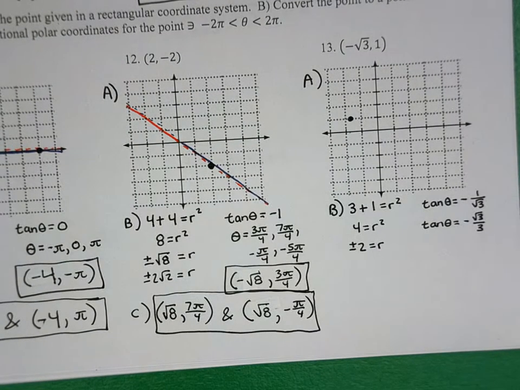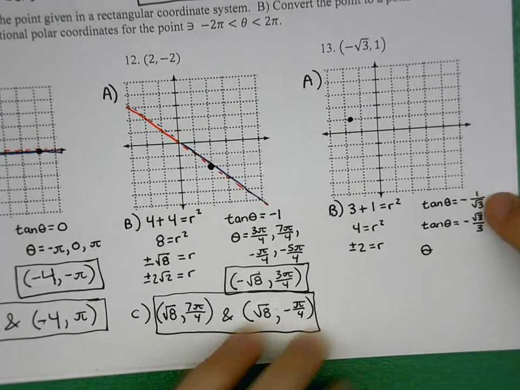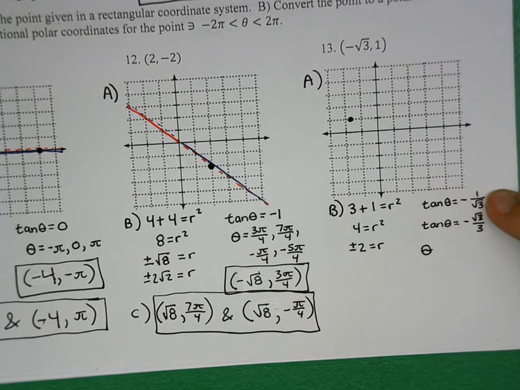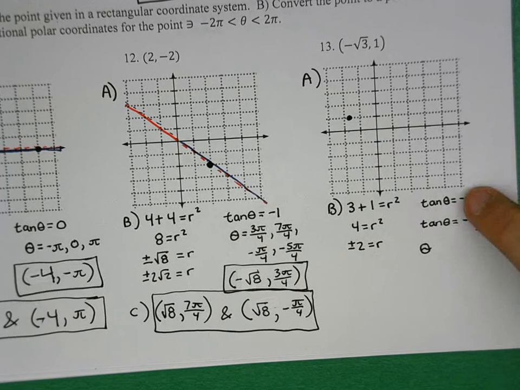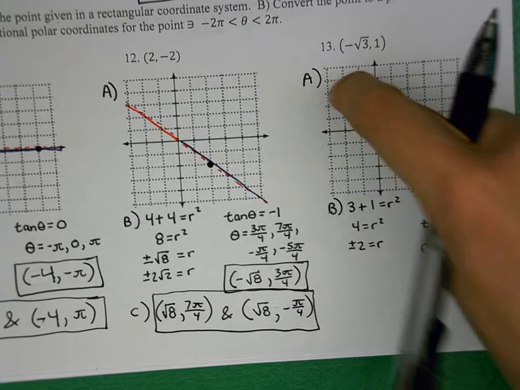Well, the angle that gives me a tangent of 1 over root 3 is pi over 6. And then I want this to be negative, so I want the pi over 6 angles for tangent to be in the 2nd and 4th quadrant. So what pi over 6 angles lie in the 2nd and 4th?